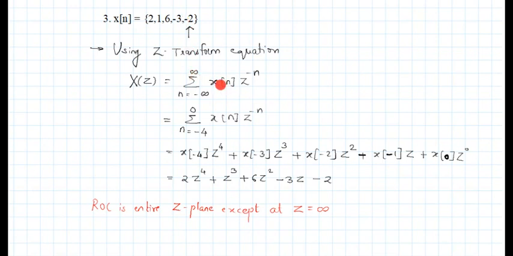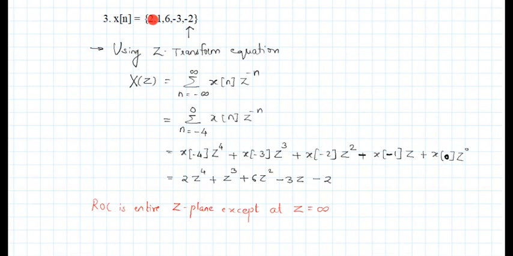Looking at x[n], we can define what would be the change in the limits. As x[n] is entirely a left-handed signal, this is a sample at 0, sample at -1, sample at -2, -3 and -4.